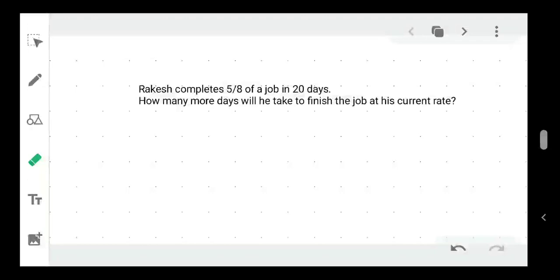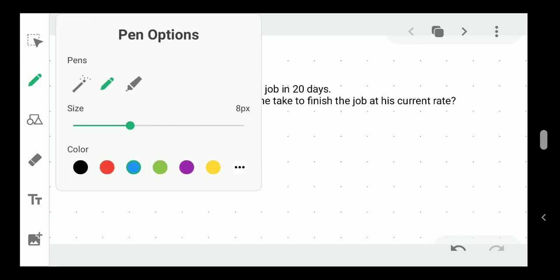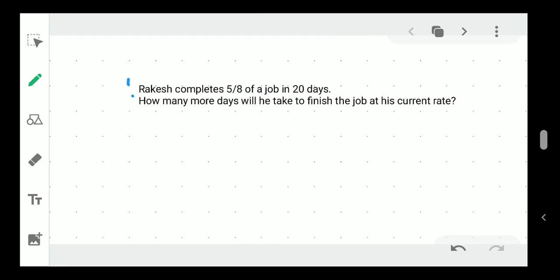This math says that Rakesh completes 5 by 8 of a job in 20 days. If you look at this line, you can see clearly that the ratio is 5 by 8.